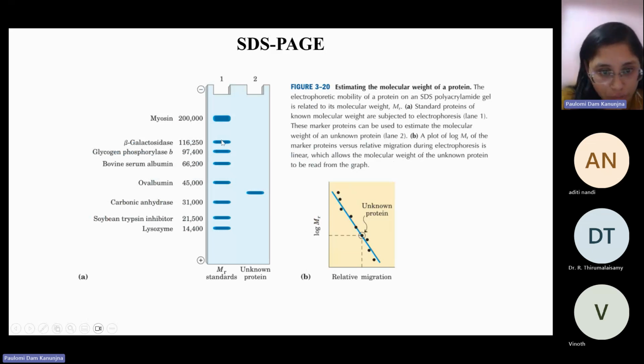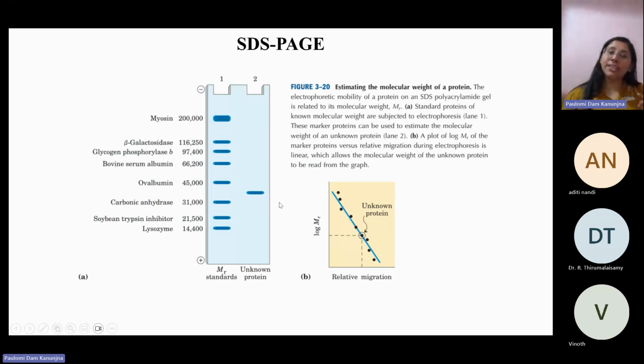Here it is 116, 97. You can see it has gradually decreased, because obviously the larger the molecule, the lesser the distance it has traveled. And this is from respective proteins such as myosin and beta galactosidase. Now I have a protein which is somewhere between 45,000 and 31,000. Visually, I can tell that the protein molecular weight will be somewhere around 40,000, right?